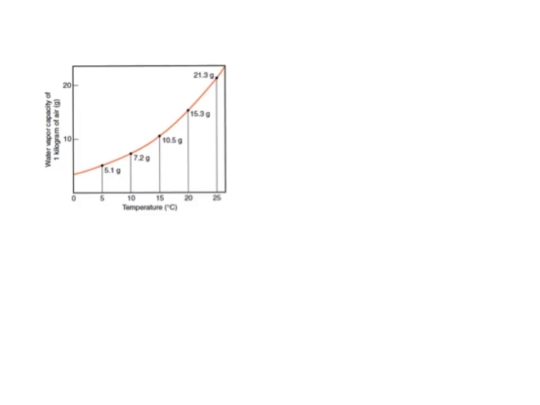One of the key points that we know about humidity is shown on the graph to the left here. On the x-axis we have temperature, and on the y-axis we have water vapor capacity. And remember, capacity is just the big word for how much it can hold.